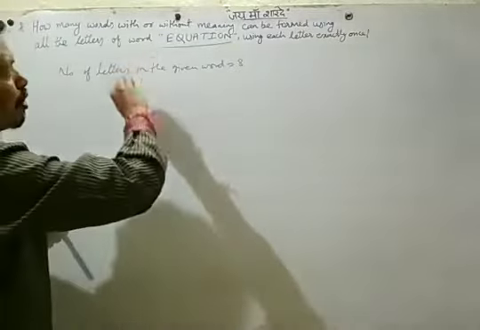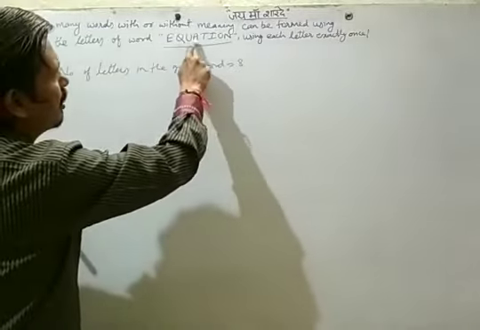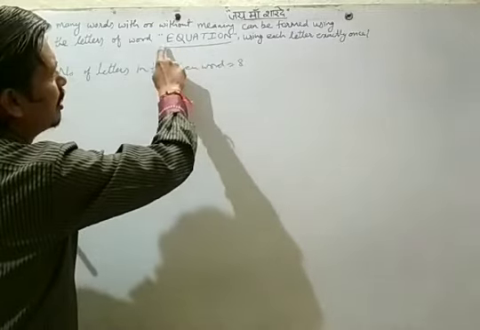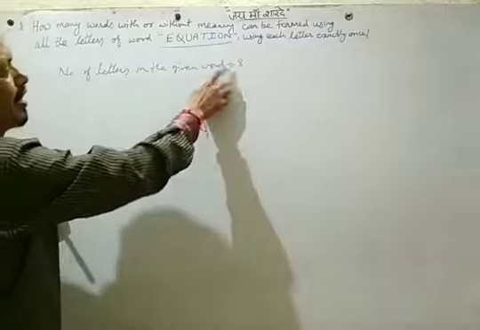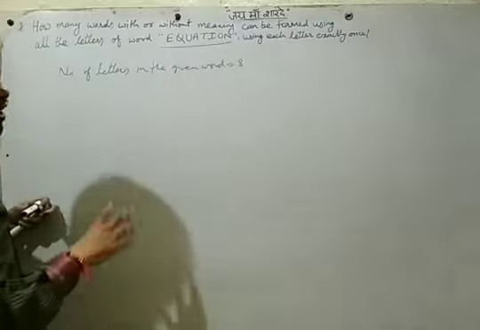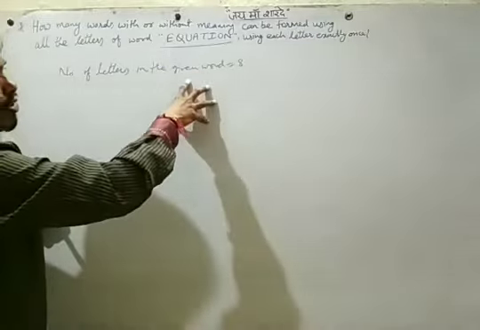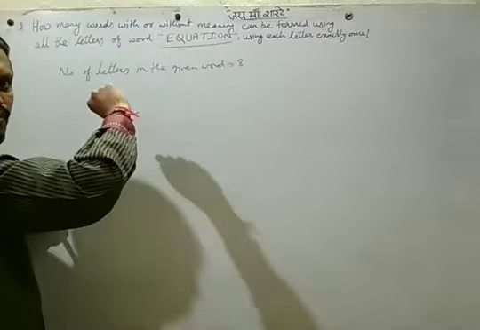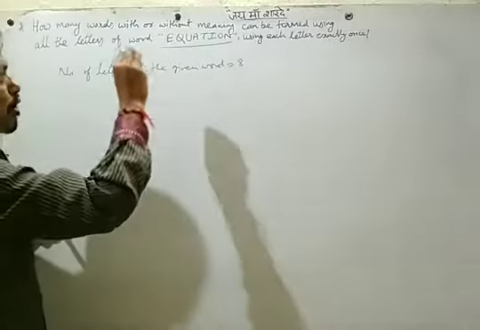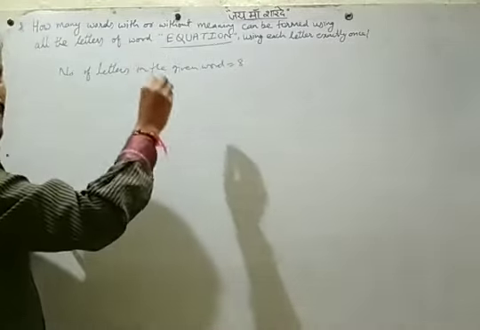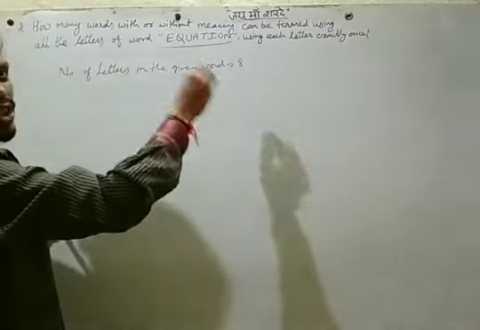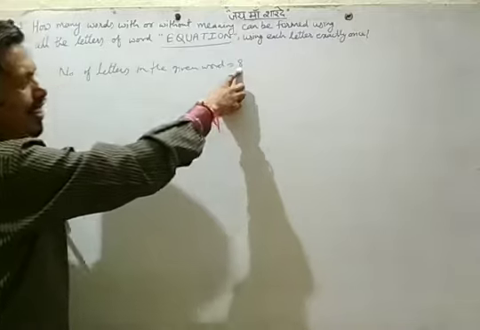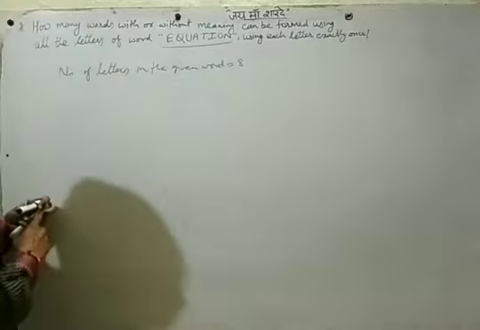Okay? Now all 8 letters we want to take. All are different here. Is any letter repeated? No. So we have 8 different objects, and from these 8 different objects, we want to take all 8. So the total number of words will be the same as the total number of permutations taken 8 at a time from 8.